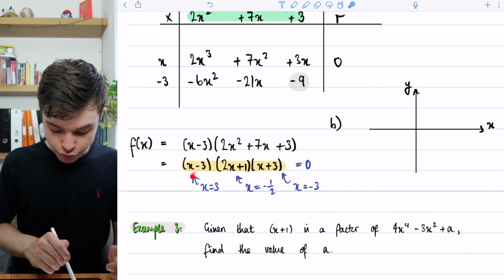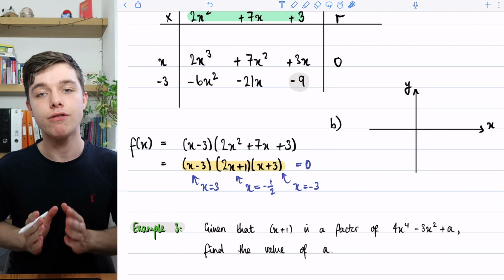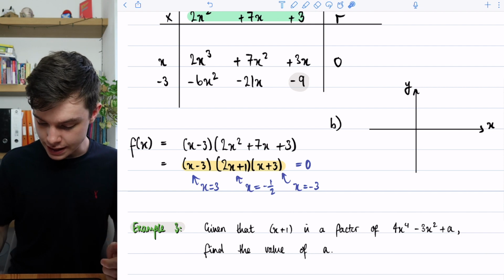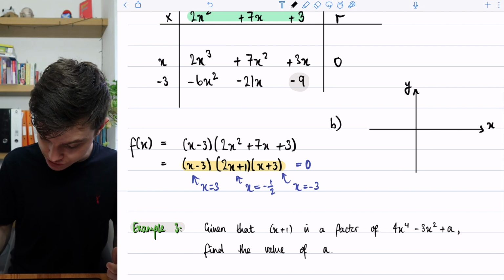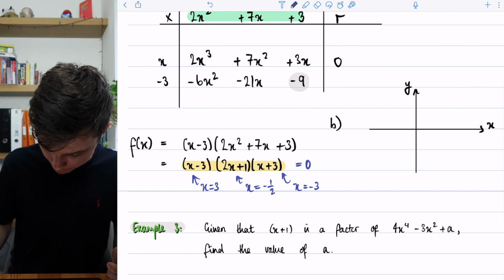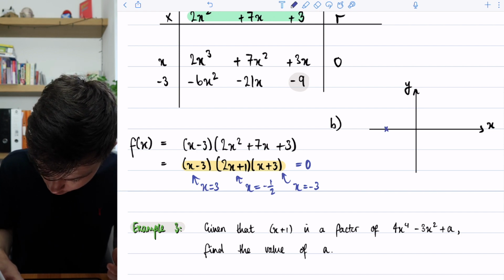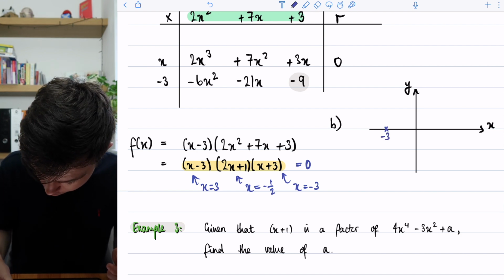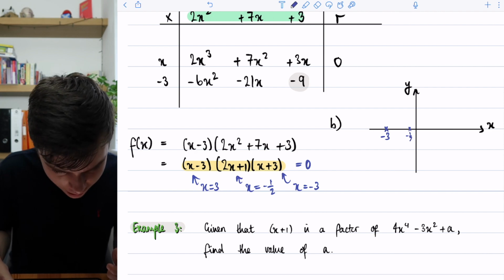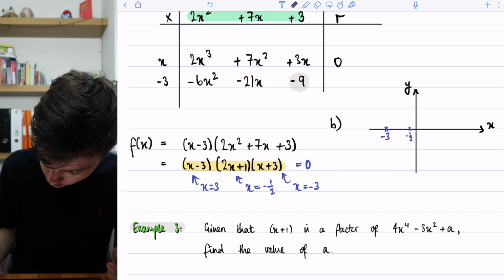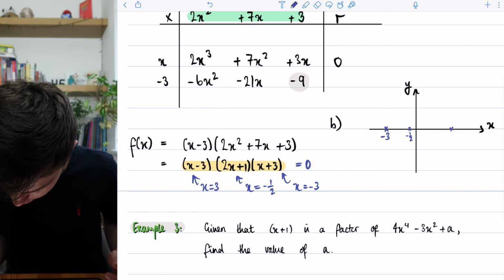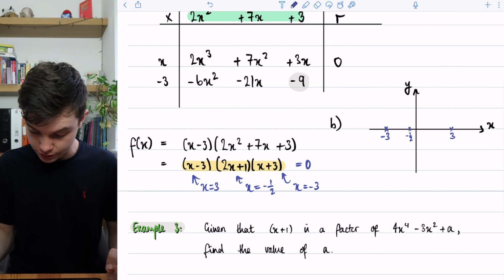So now we have 3 roots. Roots are where the graph intersects the x-axis. So we're going to have roots here, and I'll draw them on in blue. So we're going to have a root of minus 3, a root of minus a half, and a root of 3, which is going to look something like that, okay?